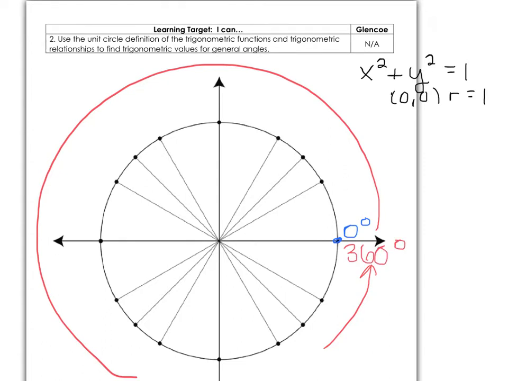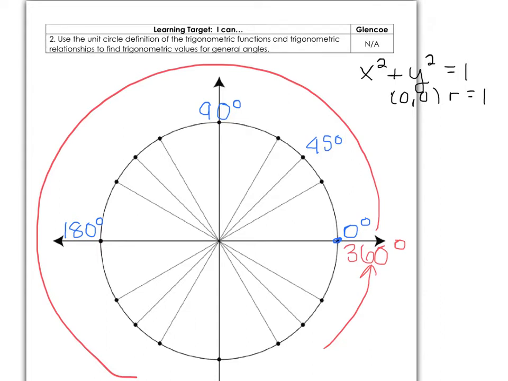But halfway between 0 and 360 would have been 180 degrees. And halfway between 0 degrees and 180 degrees would have been 90 degrees. And halfway between 0 and 90 would have been 45 degrees, okay?